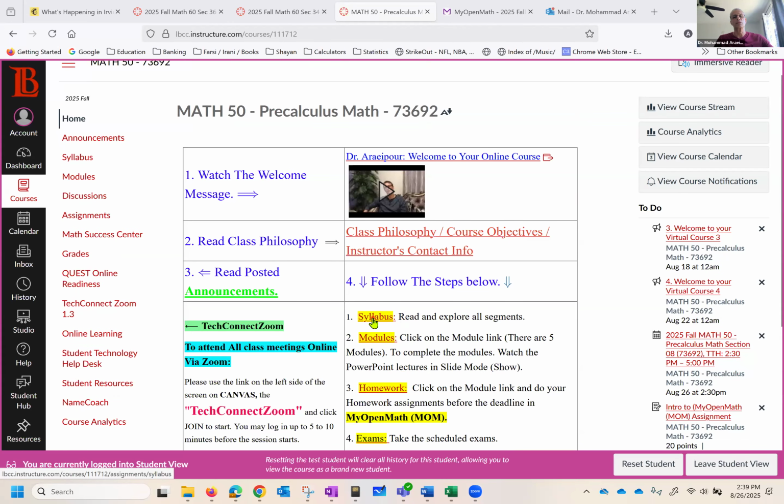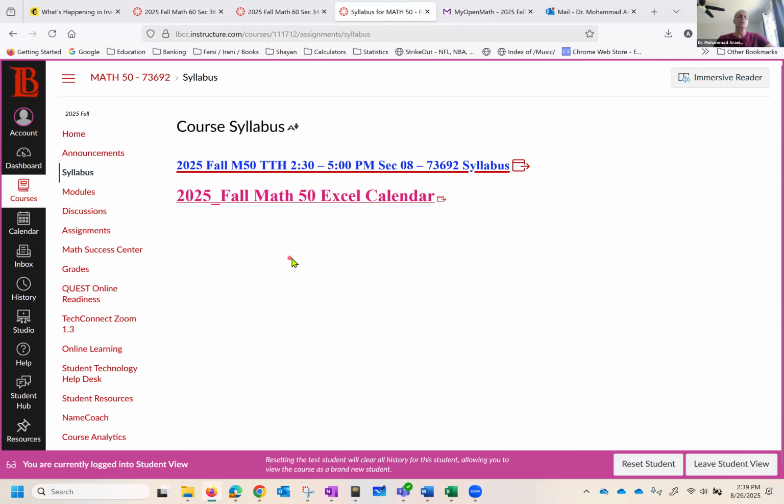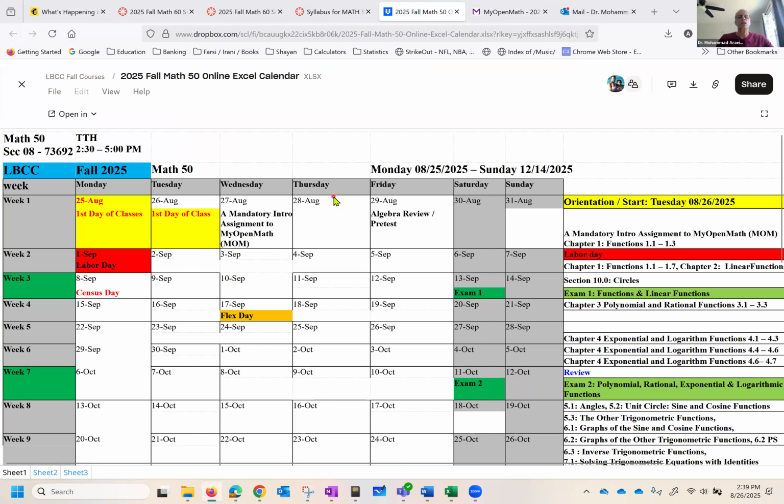You can click on the syllabus here, or the syllabus on the left navigation bar, makes no difference. There are two pieces of information. One is the Excel calendar. It basically gives you the date of the exams and things that are coming your way, what we cover and when we cover.